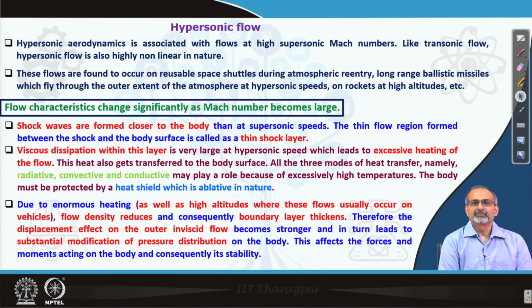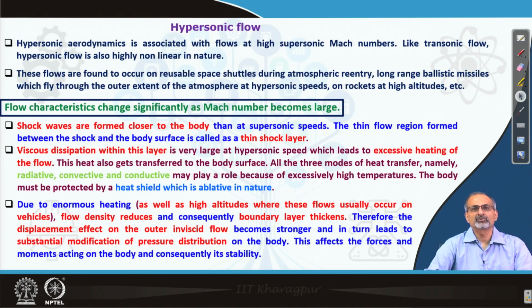So in terms of characterization of hypersonic flow, we are once again looking at several points here. Hypersonic aerodynamics is typically associated with high supersonic Mach numbers, and from a mathematical perspective, like transonic flow, we can show that hypersonic flow is also highly nonlinear in nature, and that has its implications in terms of its analysis as well as the aerodynamic behavior that it manifests.